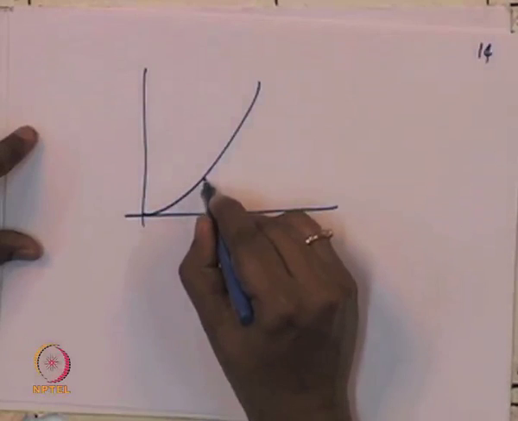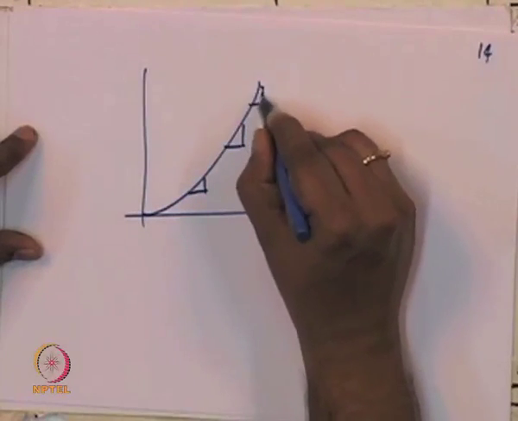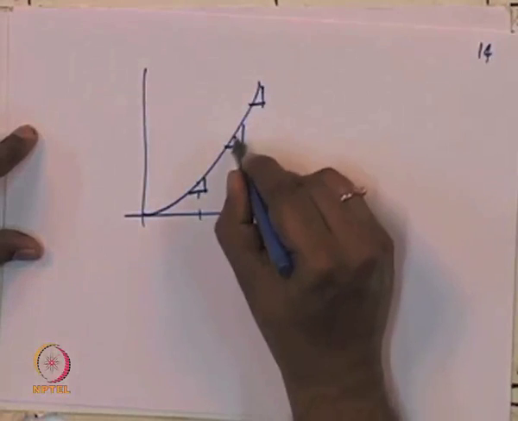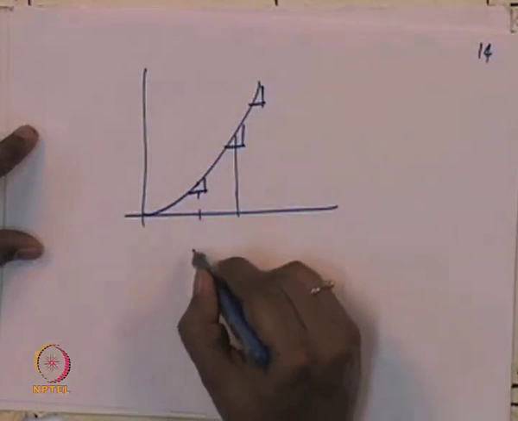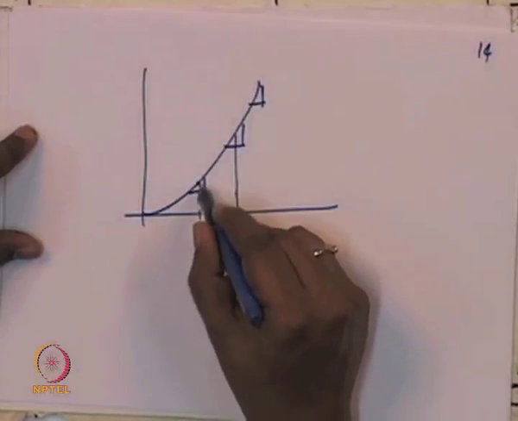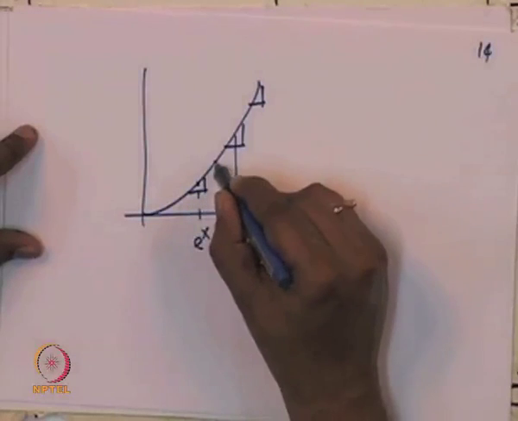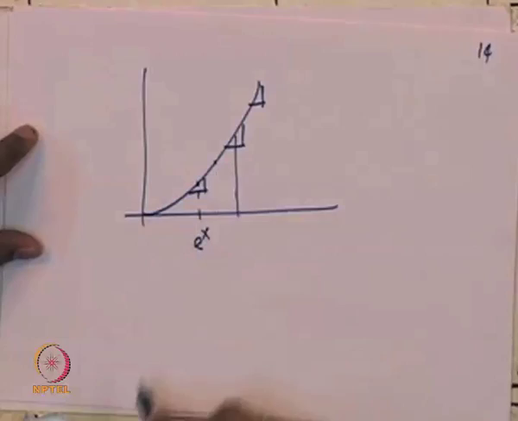Now if you find the slope at any point x, it is e power x itself. The slope at any point is the same as the function itself. That is what it means.